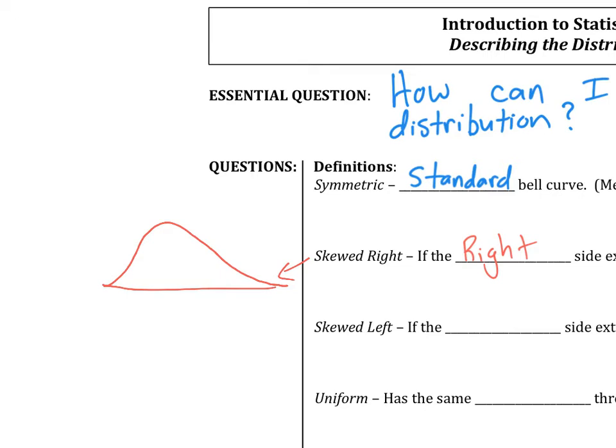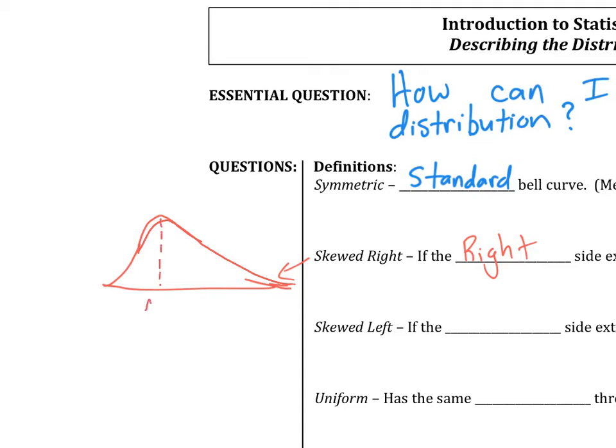Let me do a little better at that. It would come up and then, man, this pen is, there, that would be a little better. So it comes up and it comes down to the right like that, where it's clearly stretched out more to the right.